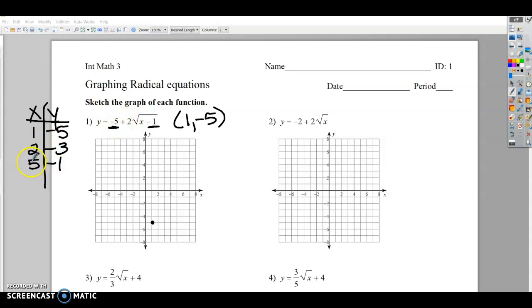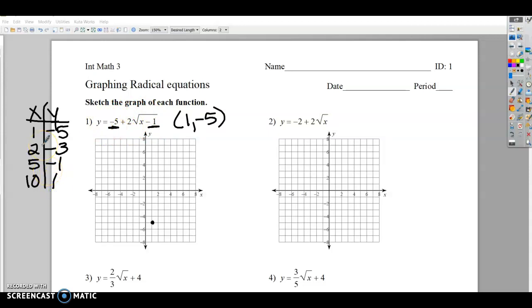All right, so my next perfect square is 9. So the square root of 9 is 3, so I need this number to be 9. So I'm going to choose 10 as my x. 10 minus 1 is 9. The square root of 9 is 3. 3 times 2 is 6. 6 plus negative 5 is 1.